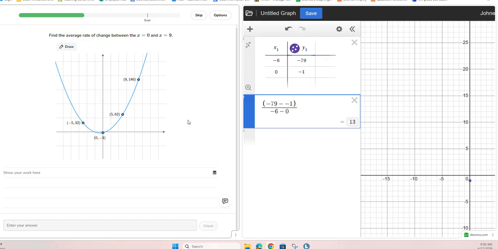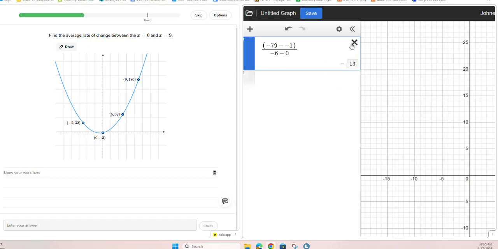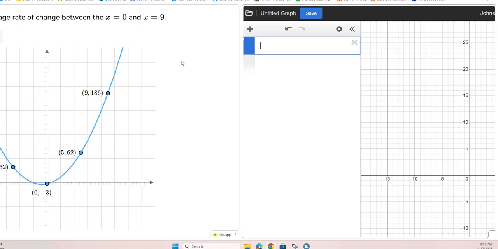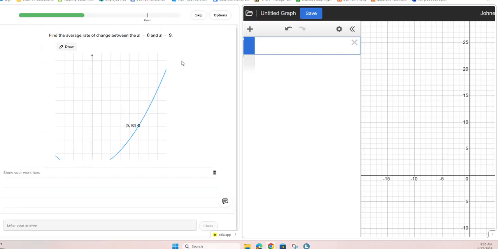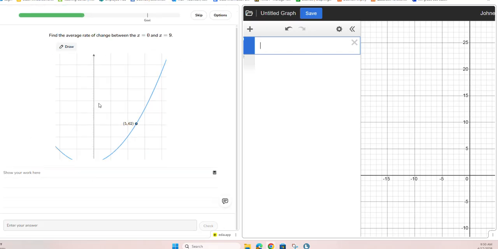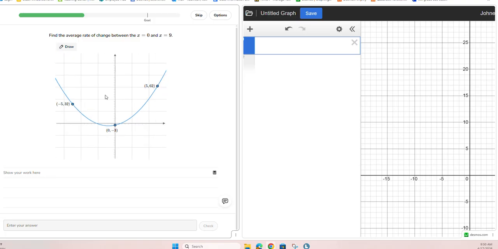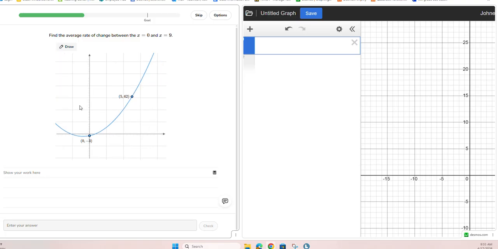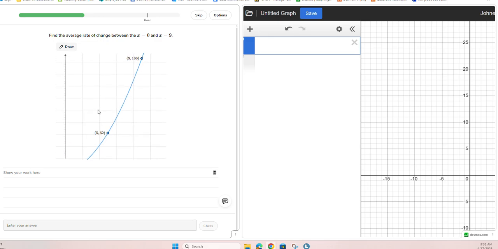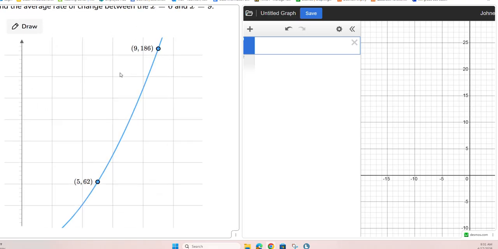All right, I think there's one more type of problem, so I'm going to walk through this one as well. I'll walk through it, but I'm not going to talk through it. All right, so here's my problem. My values are 0 and 9. All right, here's 9 up here. I think that's 186. All right, so 9 and 186.